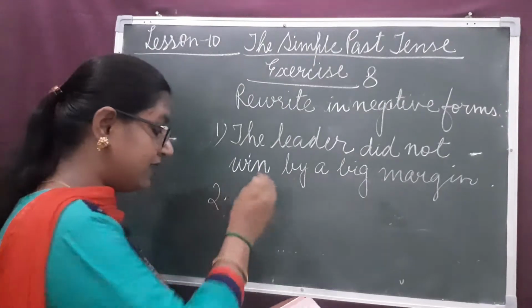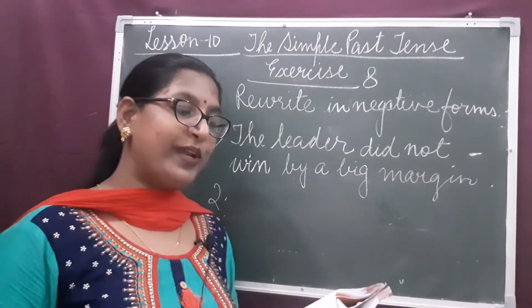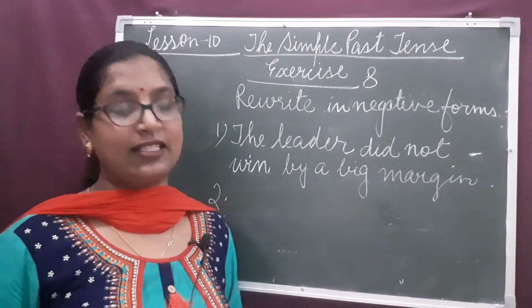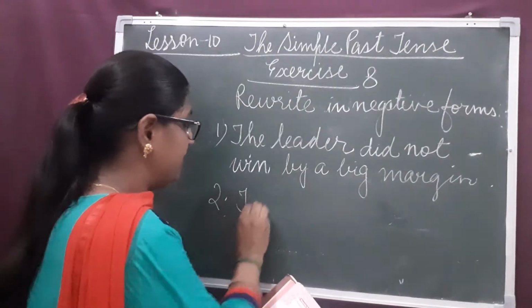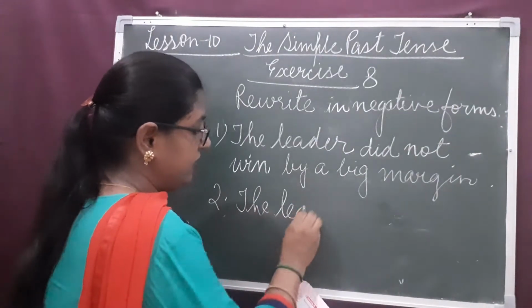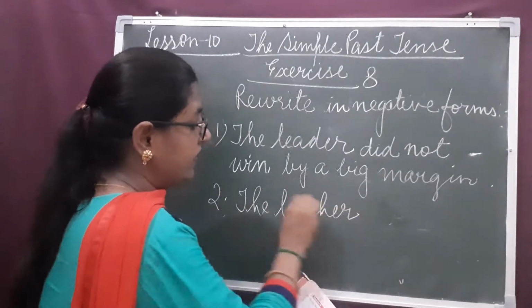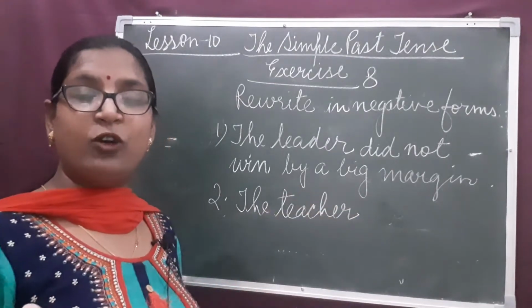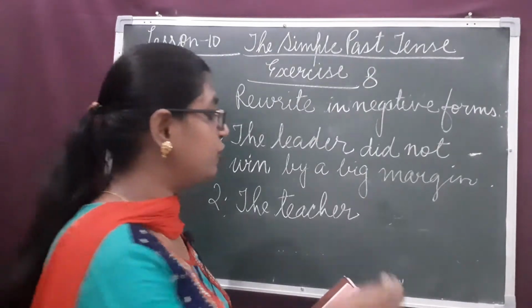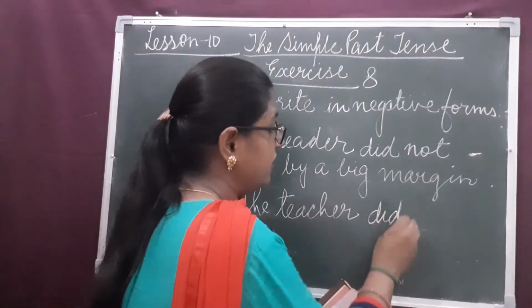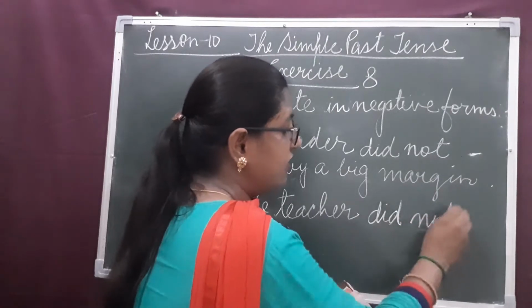Second sentence, the teacher praised Sushant for his success. The teacher is the subject. Then the past tense form of the do verb is did. The teacher did not, not is the word of negation.